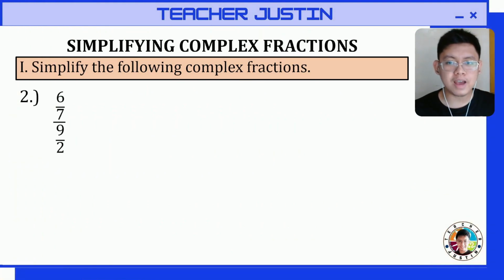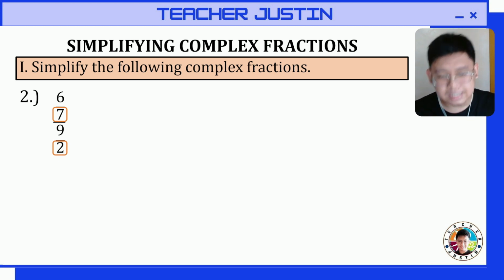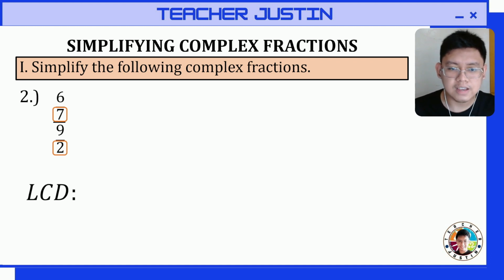Okay, let's simplify this complex fraction. So, ang first step natin in simplifying complex fraction is to get the denominator. So, we have 7 and 2 as our denominators for our numerator and denominator. Next is to get the least common denominator. So, yung LCD ni 7 and 2 will be 14.